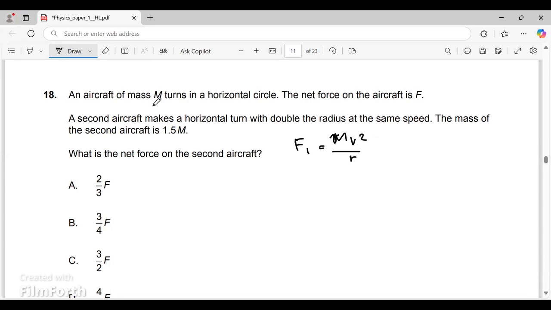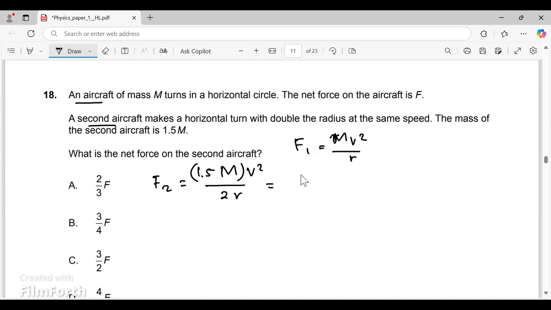For the second aircraft, F2 equals 1.5 m v squared divided by 2r.